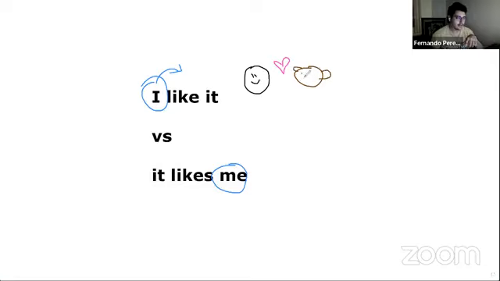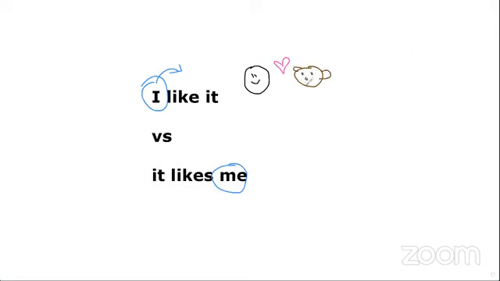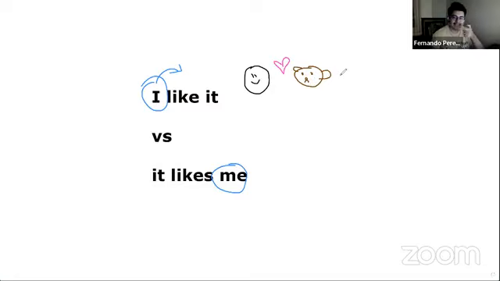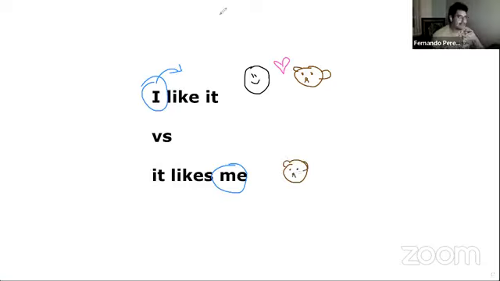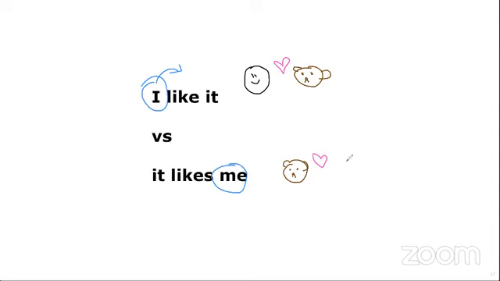Okay? Yes. I like it. But if you say it likes me, it is the contrary. The dog likes me. The opposite is a different person and a different receiver.